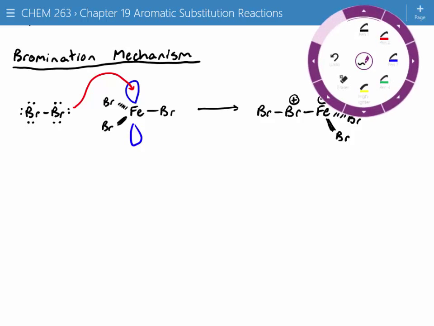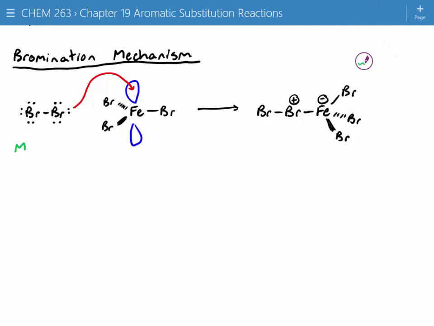So we went from bromine, which is a moderately strong electrophile, to a super strong electrophile.